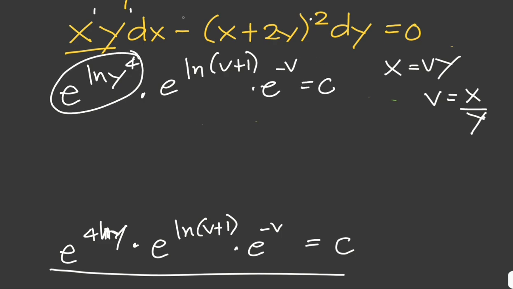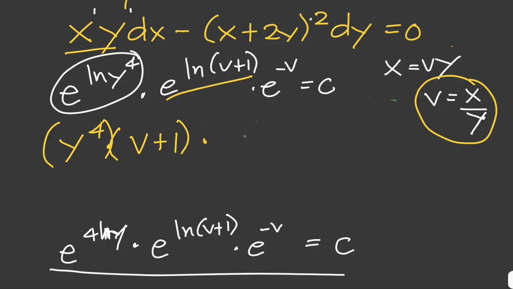Then this one is equal to y to the 4th times v plus 1 times e to the negative v. We substitute the value of v, which is x over y. So this is e to the power of negative x over y equals c.